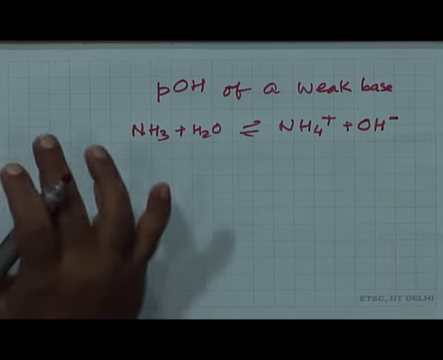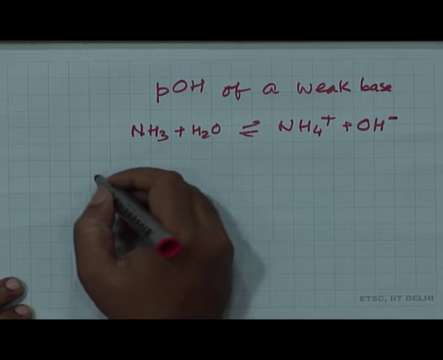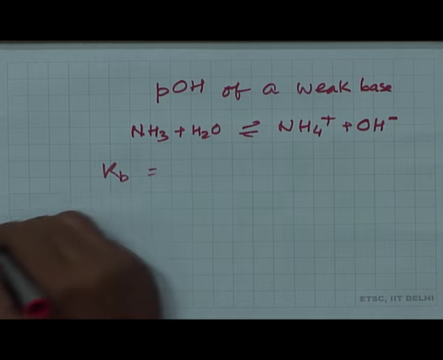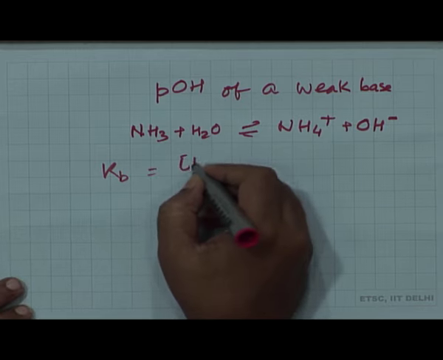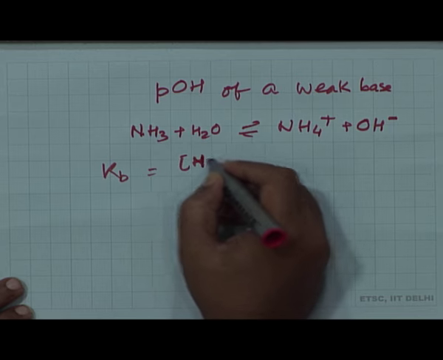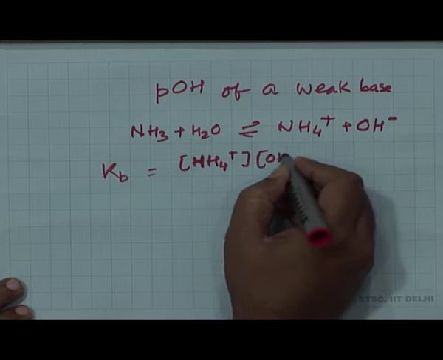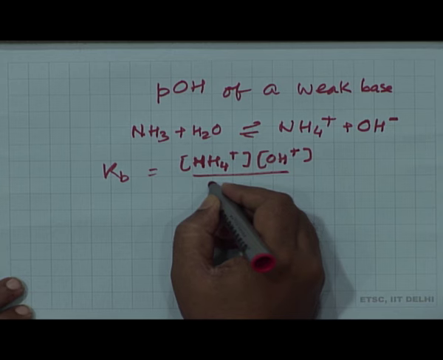So, pOH of weak base is given by Kb equals NH4 plus into OH minus divided by ammonia.